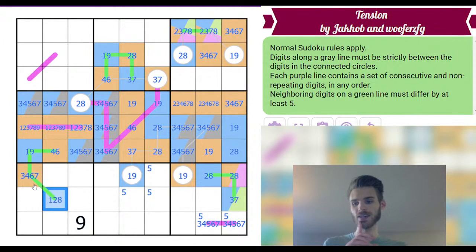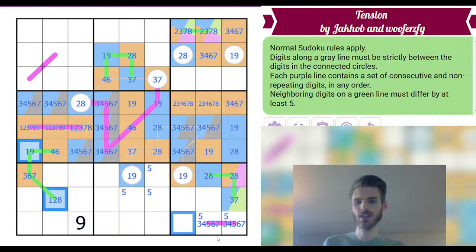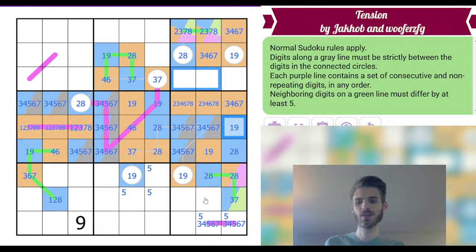It's not 9, so this is not 4 for sure. But I think it could be 6 with double 1. Don't see a problem with that yet. No, I don't see a problem with that. But we'll put a 1 here. There is a blue 1 or 9 in those 2 cells.